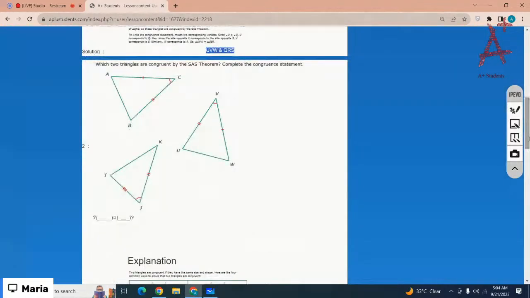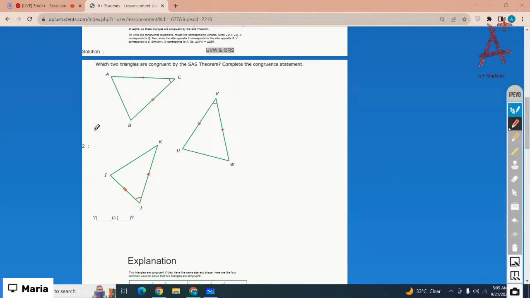The next one is which two triangles are congruent by SAS theorem? So which is the correct option? SAS means you have two sides and the angle between the two sides, right? So which two triangles are congruent? Triangle ABC, this one, and UVW.